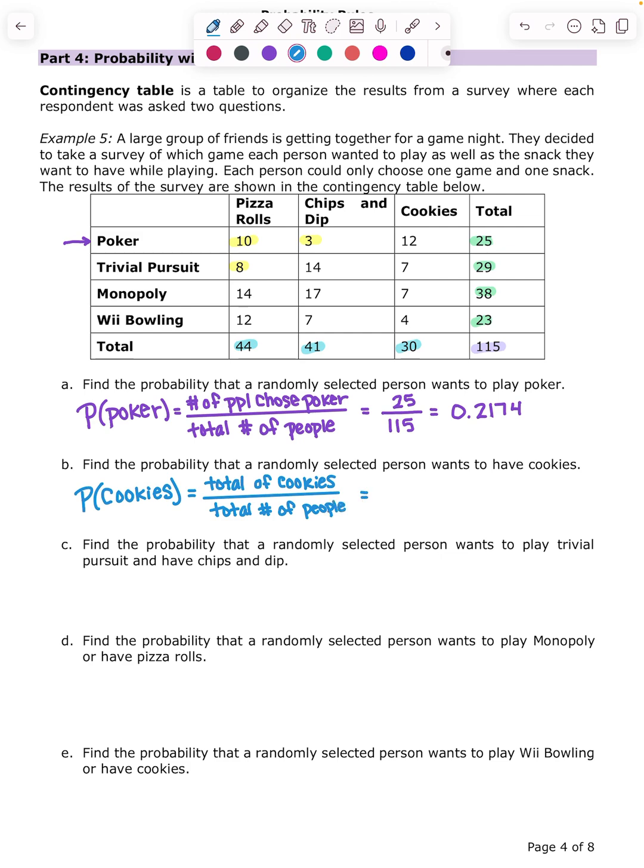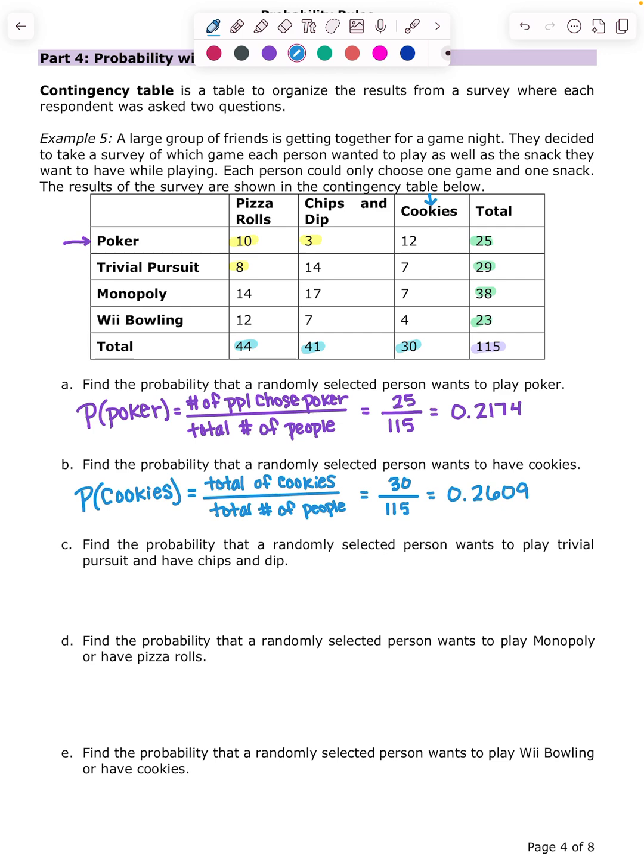If I look down the column for cookies, there were 30 people that wanted to have cookies divided by 115 total people. And that gives us a probability of 0.2609.